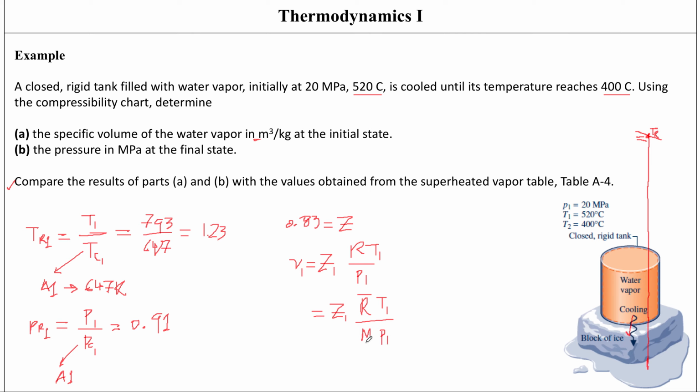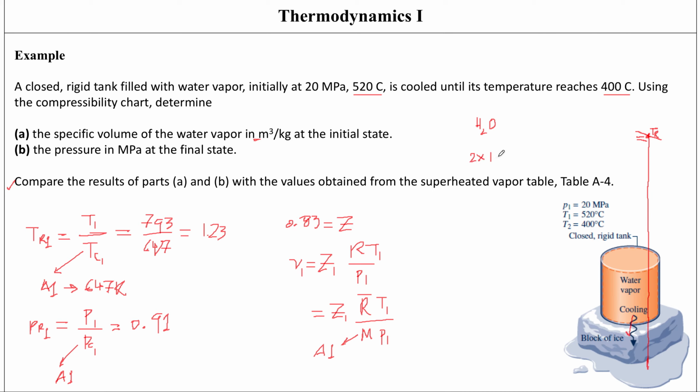So the molecular mass, I can also find this out in table A1, or I could just work it out in my head because it's water, so it's H2O. And the molecular mass is going to be, if I'm not looking to be too accurate, 2 into 1.